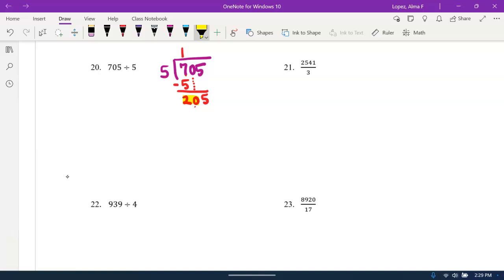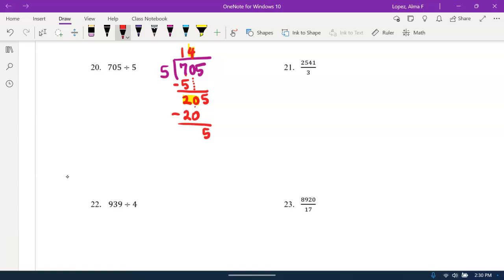Does 5 divide into 20? Yes. 5 divides into 20 4 times. Distribute. 4 times 5 is 20. And we're going to subtract. And again, if there's not a number there, it's like 0. So bring the 5 down. 0 minus 0, 2 minus 2. So I end up with a 5.